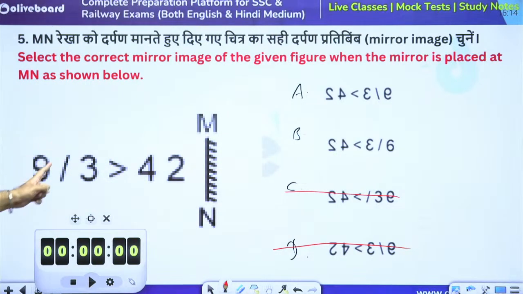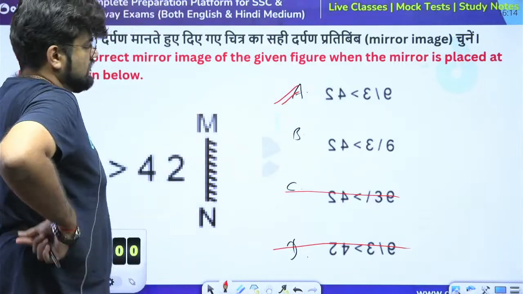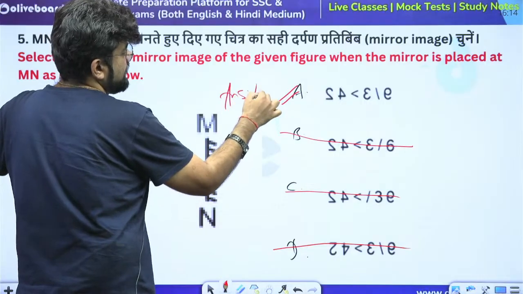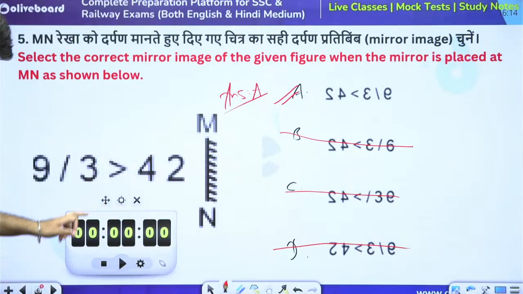You can see if it is this, then option A works out to be the correct answer, because option B is the same only. Option A is the right answer. Okay, checking, looking at 9 also could have helped, by the way. Next.